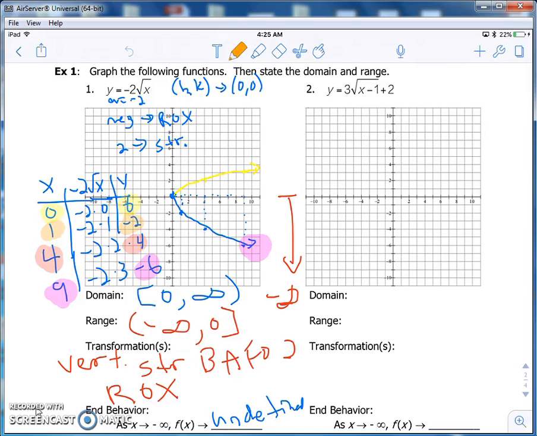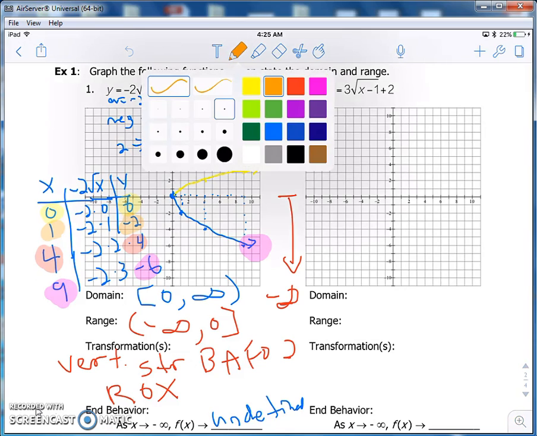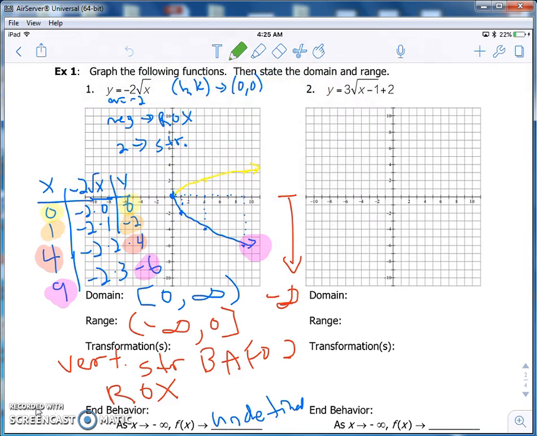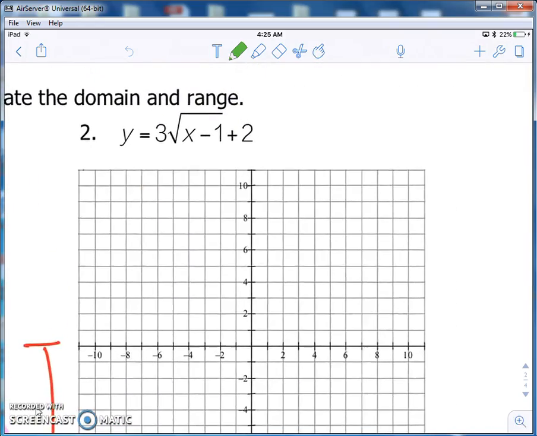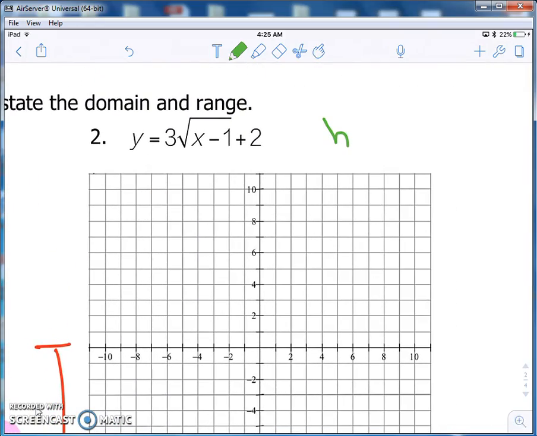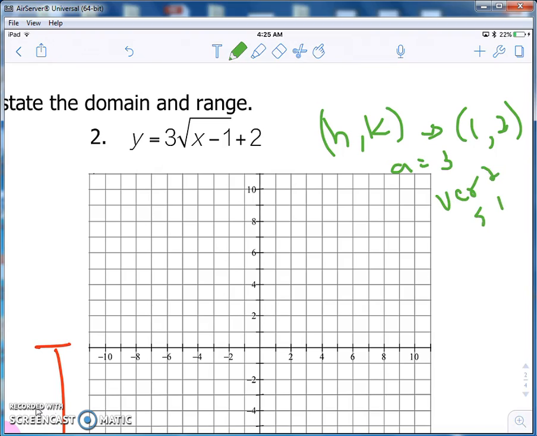So if we look at this example 2, what I notice is that our HK, let's zoom in, our HK is at 1, 2. Remember, H is the opposite. And our A value is 3, so it's not reflected, but we have a vertical stretch.